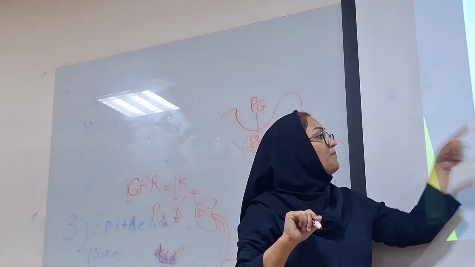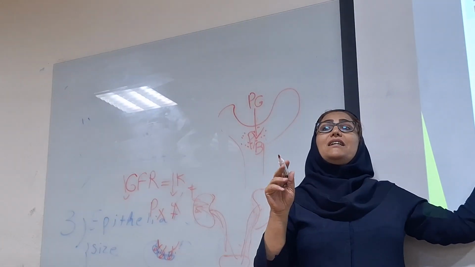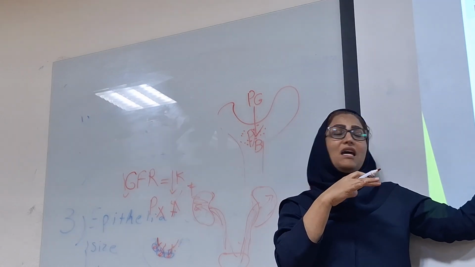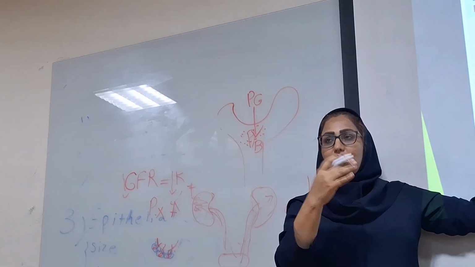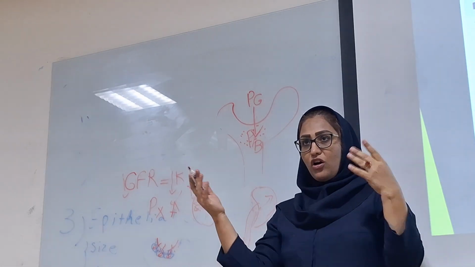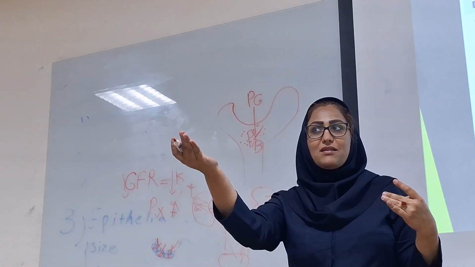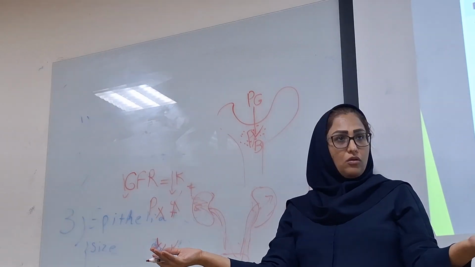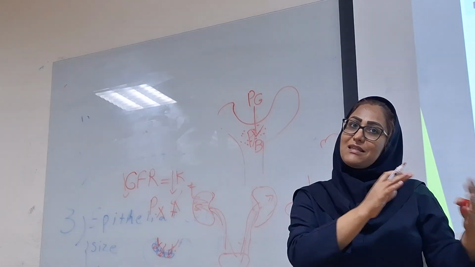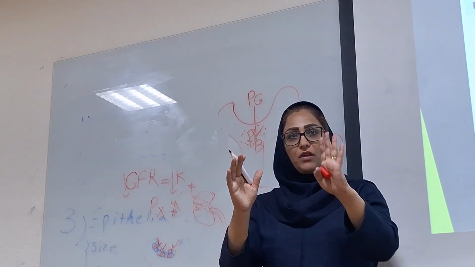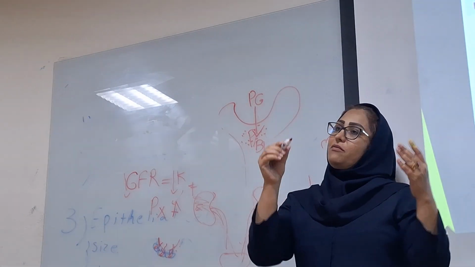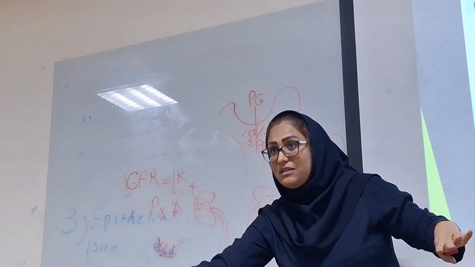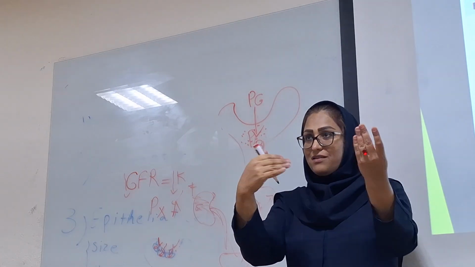When arterial blood pressure increases or decreases, it affects PG. Suppose arterial blood pressure increases; you expect PG to increase, because PG is the same as blood pressure. When blood pressure decreases, PG decreases and GFR decreases.